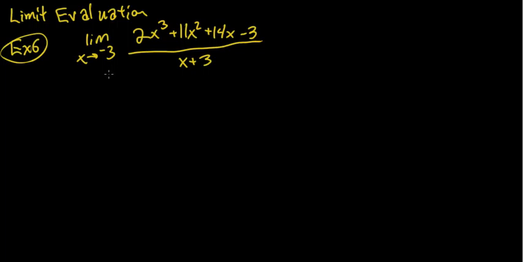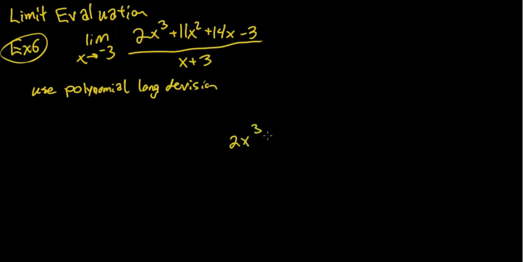This probably does factor, but it's not really something that looks very easy to factor, so we're going to move on to our next option, which is to use polynomial long division. I'll also give a review of polynomial long division as we go.